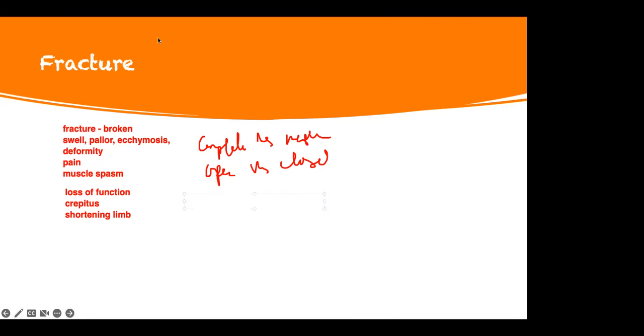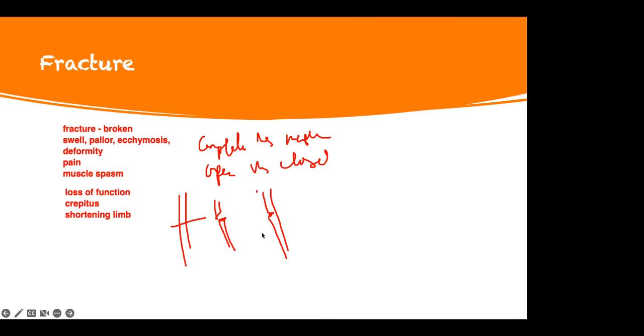Complete means the bone, if this is the bone, there's a cut here. So you can see one end of the bone is like that, the other one is here. It's a complete fracture. Incomplete, the bone is still intact in the posterior aspect, or one side is there, the other side is fractured. Right? This is incomplete.